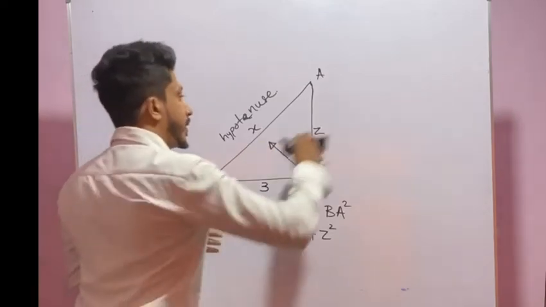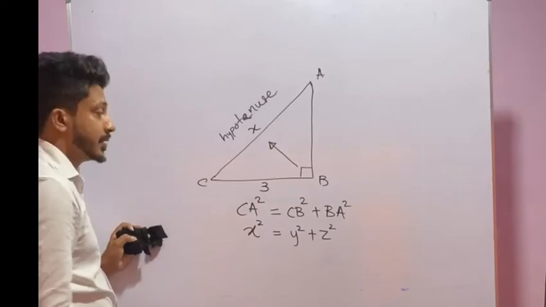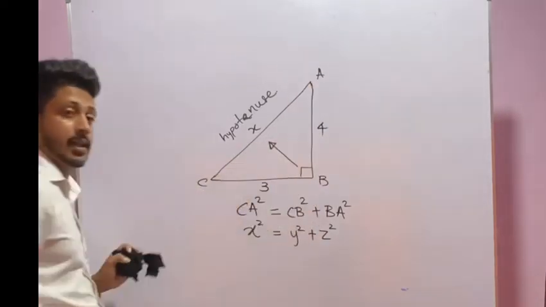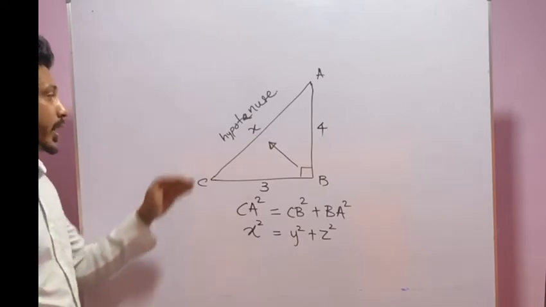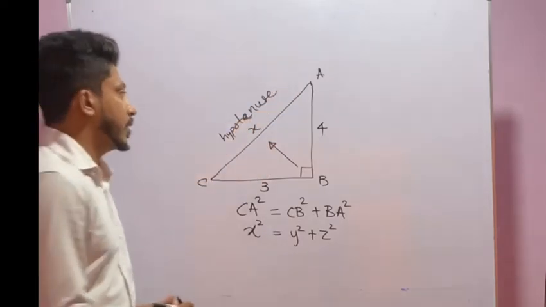Let's say the length of the CB side is 3 and the length of the AB side is 4. Now I can find the hypotenuse. How?